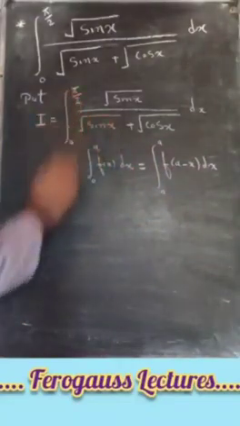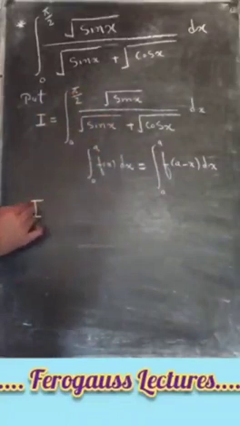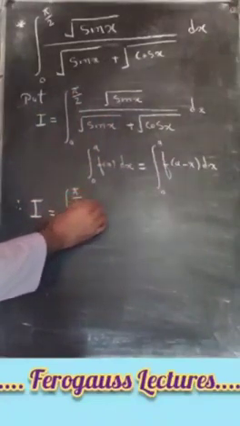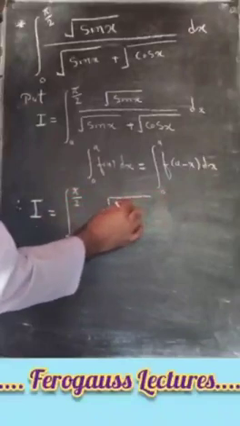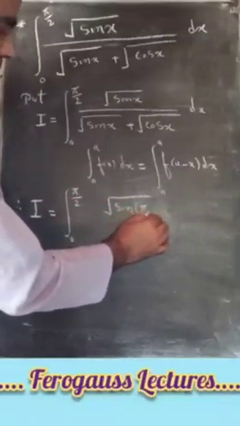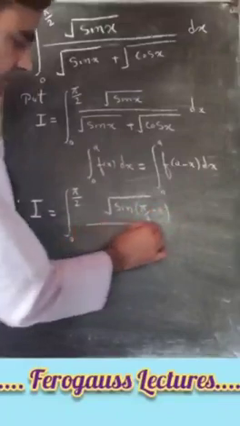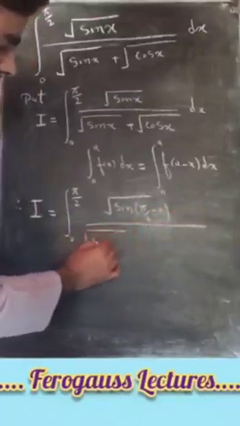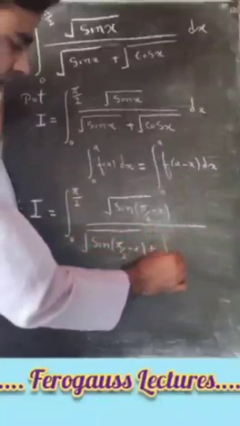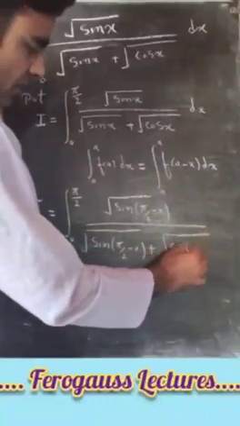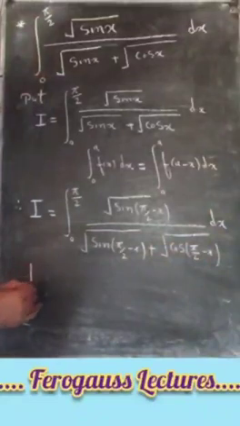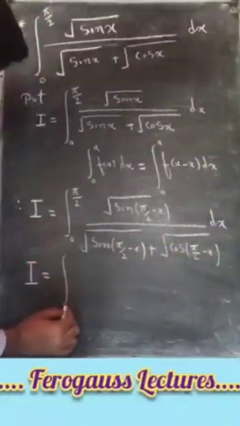Now we use this property in this integral and we get I is equal to integral 0 to pi by 2 square root of sine of, now instead of a we have pi by 2 here, so we write pi by 2 minus x, divided by square root of sine pi by 2 minus x plus square root of cos of pi by 2 minus x dx, or I is equal to integral 0 to pi by 2.